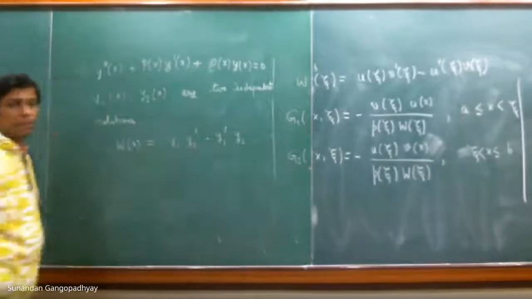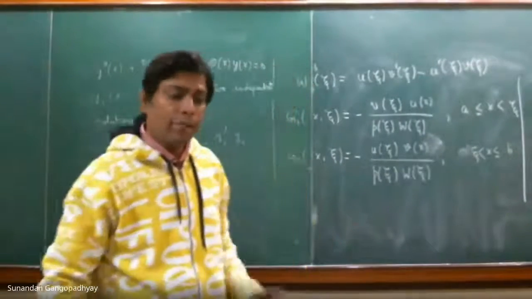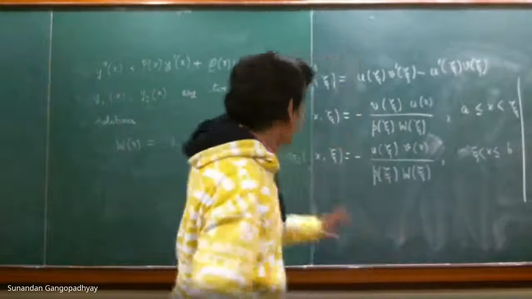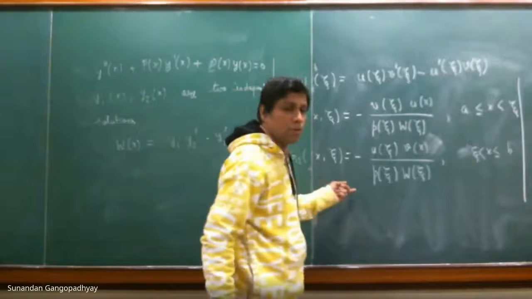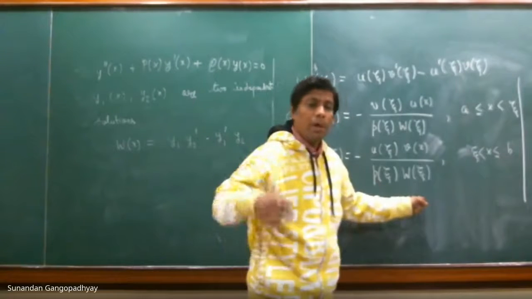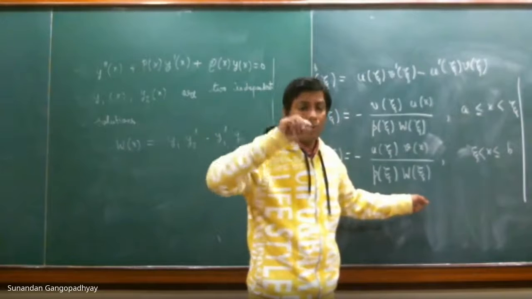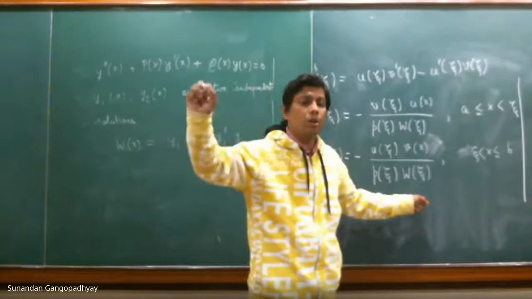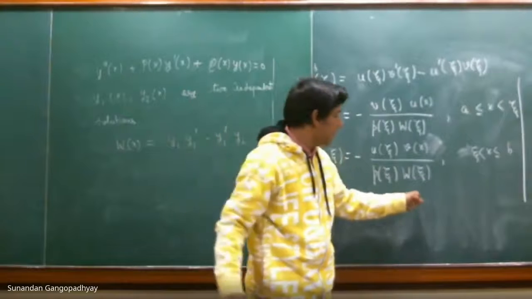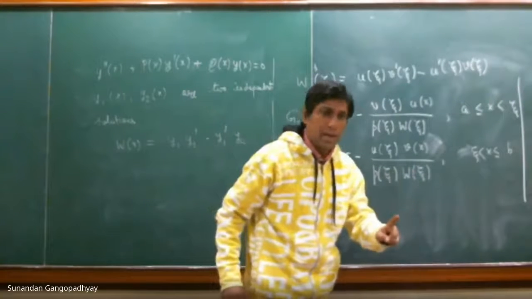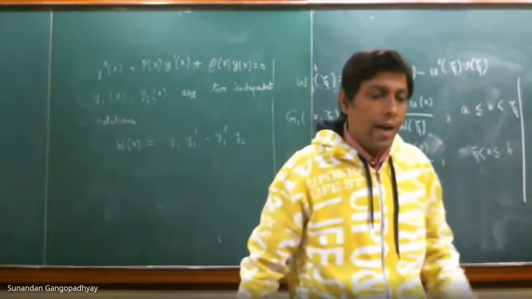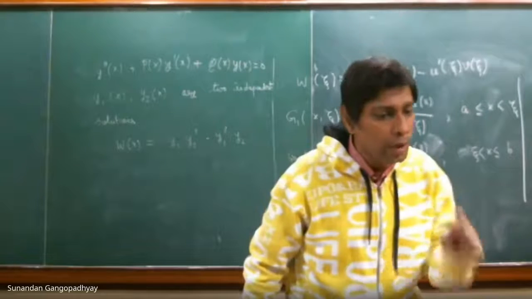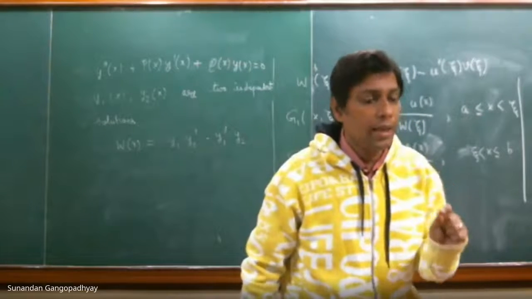This is by definition, because it is the determinant formed by the linearly independent solutions. And you remember how we found out the solutions for C1 and C2. For a non-trivial solution of C1 and C2 to exist, the Wronskian has to be non-zero. The Wronskian can be non-zero only if the solutions are linearly independent.